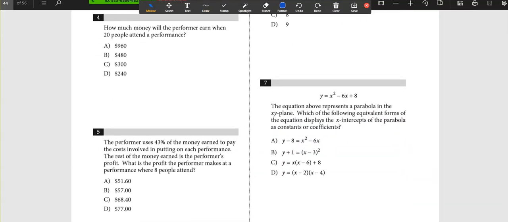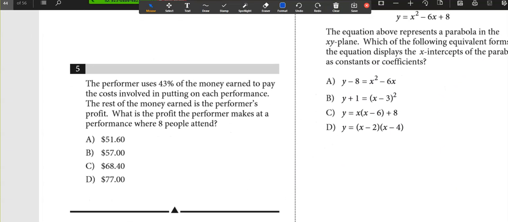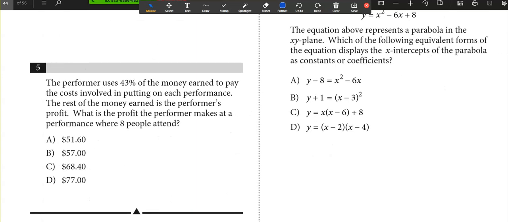Okay, question 5. The performer uses 43% of the money earned to pay the costs involved in putting on each performance. The rest of the money earned is the performer's profit. What profit does the performer make at the performance where 8 people attended? So when 8 people attended, you start out with $120, but then we're going to multiply it by something.